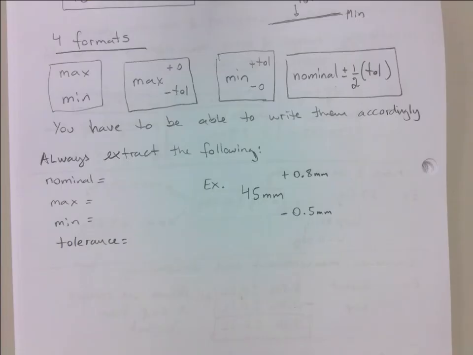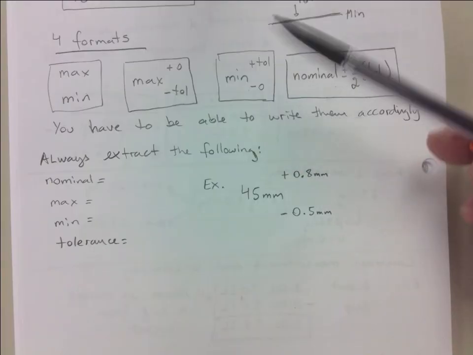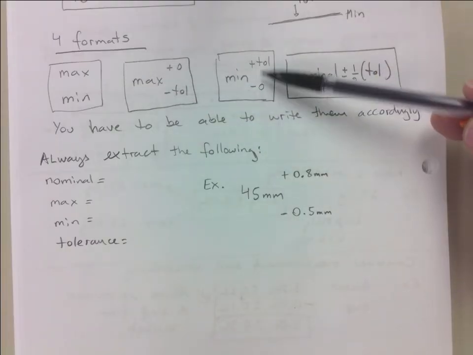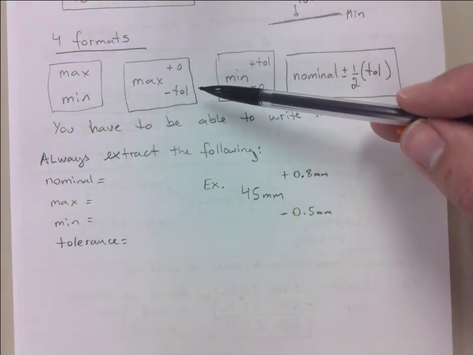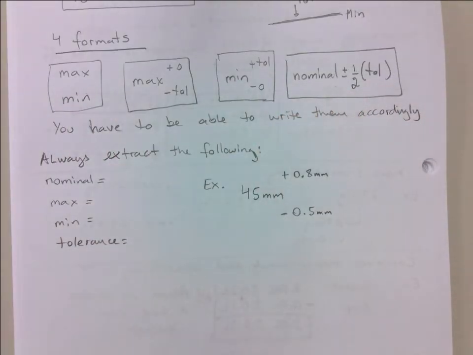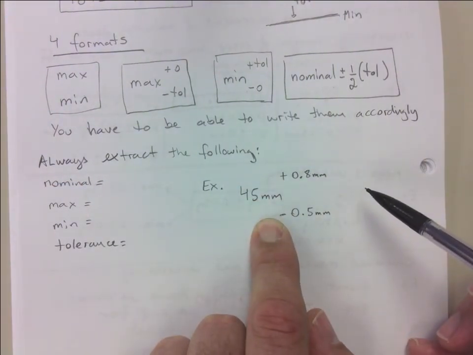And you're like, wait a minute. What's up with this 0.5 or the 0.8? Mr. Erickson, I thought one of them has to have a 0, right? Like when it's like this. Don't worry about that. This is just in the format that I want you to write it in. But these four you can extract no matter what they throw at you.